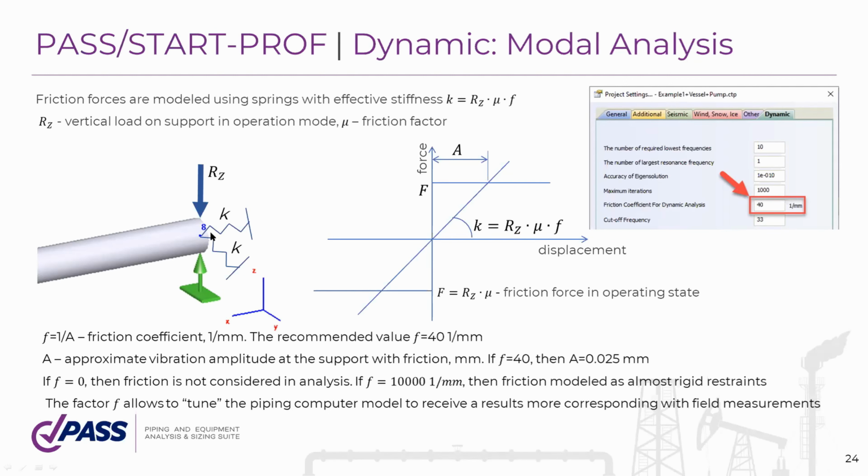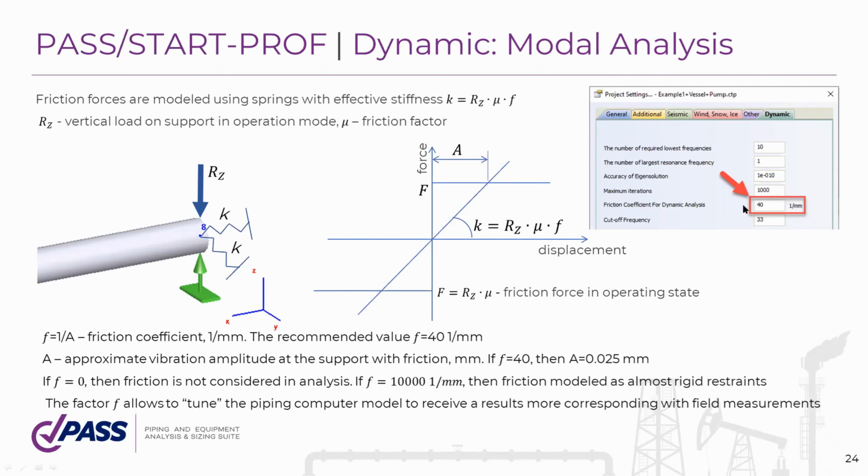START-PROF can replace the friction force by springs with predefined stiffness, K. The stiffness is calculated using the following equation: we take the support force, the load acting on this support, multiplied by the friction factor and multiplied by a special friction coefficient. This coefficient you define in project settings. So the analysis results will depend on this factor.